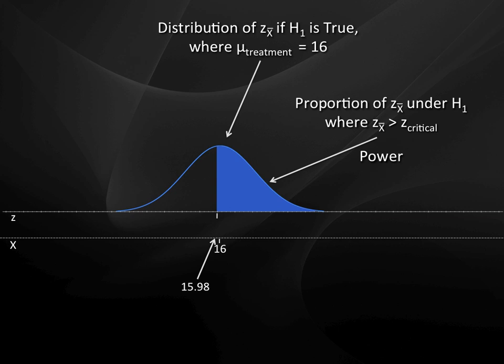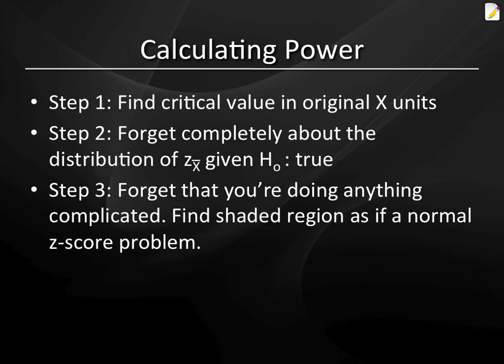That's all we have to do. So in fact, in step 3, I'm going to ask you to forget that you're doing anything complicated. At this point, you're really not. We had to do some complicated things to get here, to set up the problem. And it's sort of a complicated idea to think about. It's a little more abstract than some of the other things we've done. But at this point, you can forget completely that you're doing anything complicated.